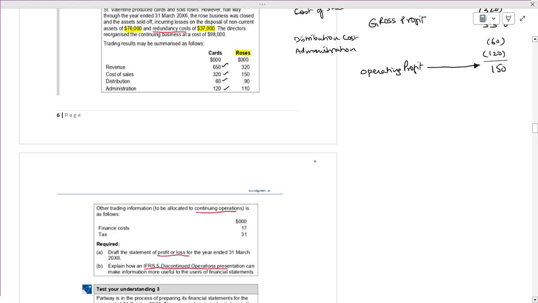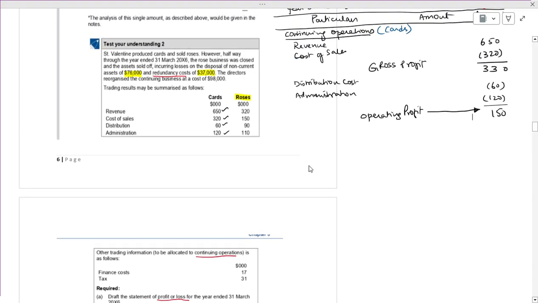Profit before interest and tax, then profit before tax, then profit after tax. Before interest, all other expenses have to be deducted.